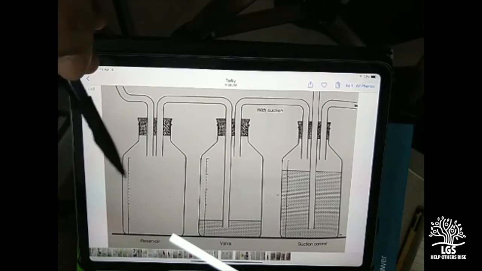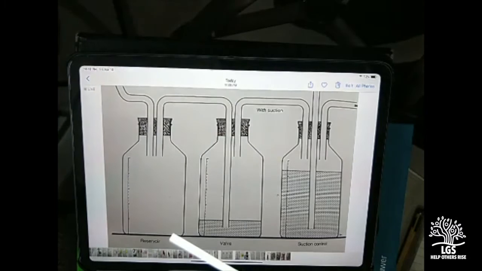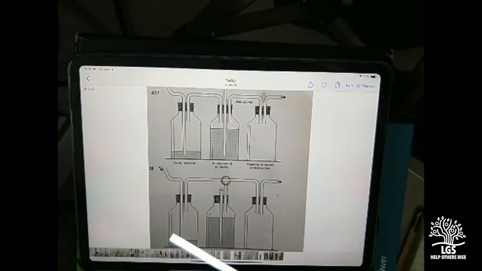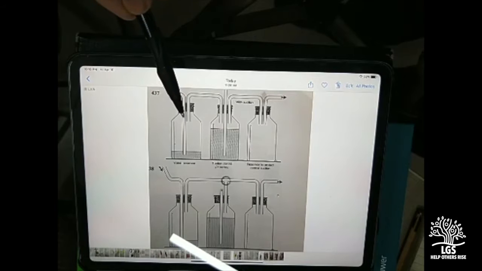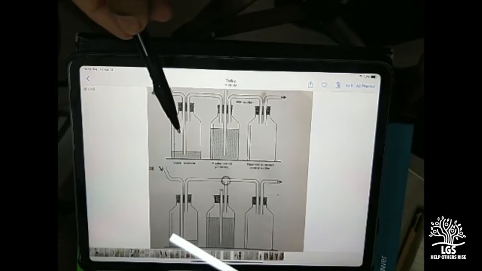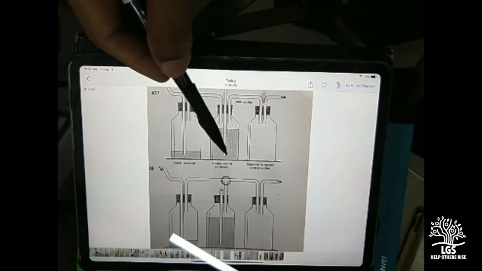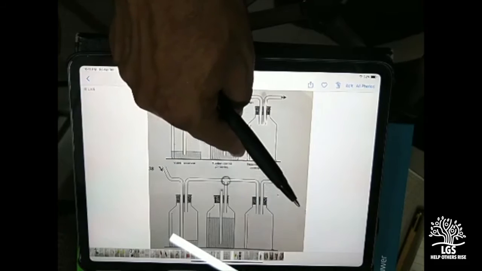The same thing: reservoir bottle, trap bottle, suction bottle. Slightly different arrangement where the water seal is first here, and this bottle is added so that the bubbling water does not go into the suction. This is to protect the suction.